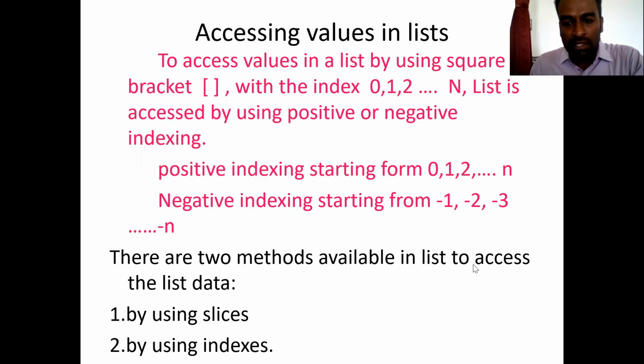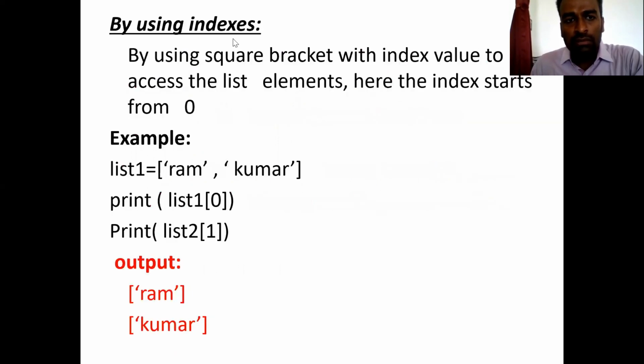There are two methods available in the list to access the data: by using slices and by using indexes. How to access an element using indexes? By using square brackets and an index value to access the list elements. Here the index starts from 0. So already we know that the starting index value is 0, right?